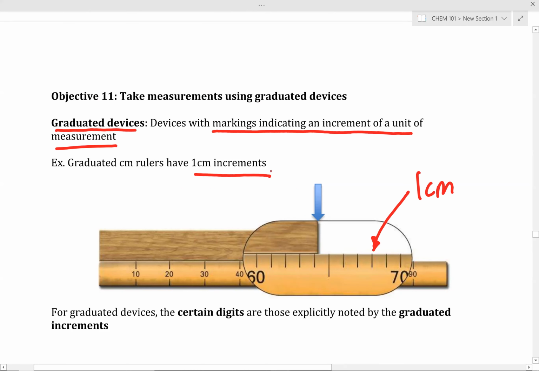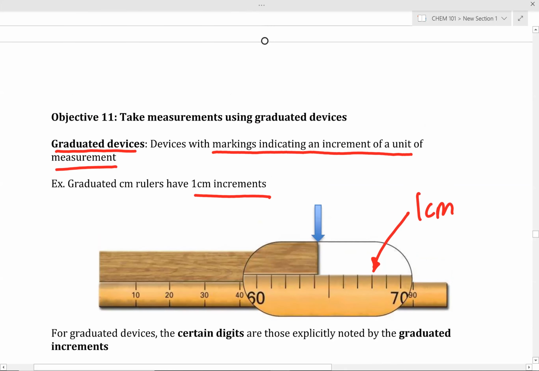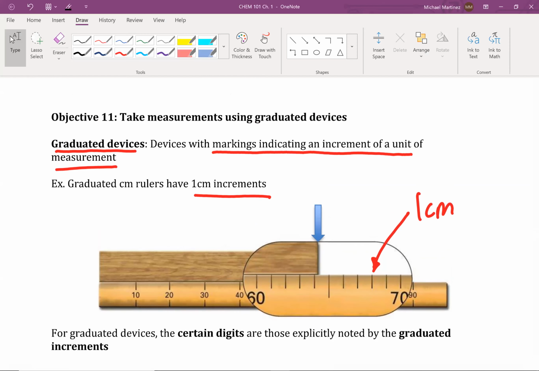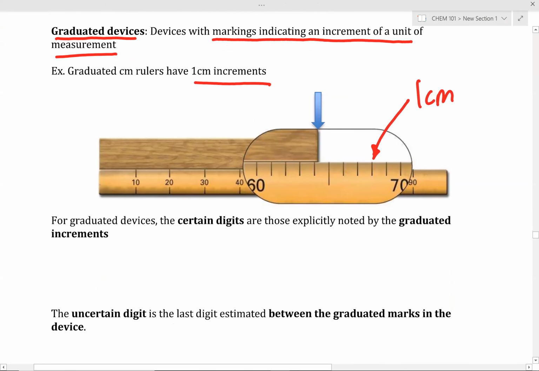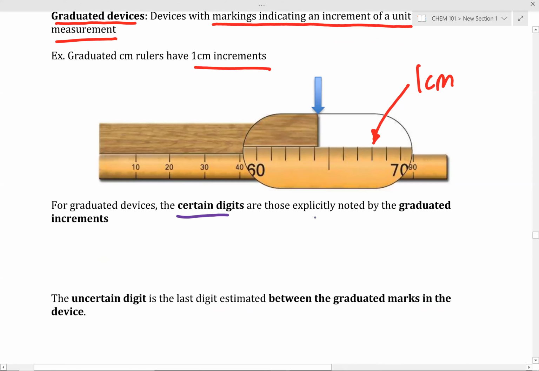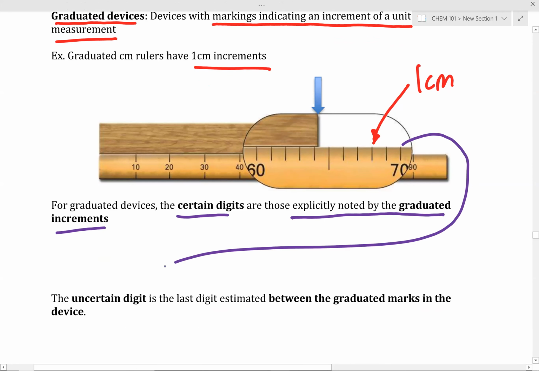Now, following our definition of certain versus uncertain digits, or certain versus estimated digits, the certain digits are those explicitly noted by the graduated increments. So if each of our increments, for example, in this ruler represents 1 centimeter, we can report certain digits up to the 1 centimeter value.